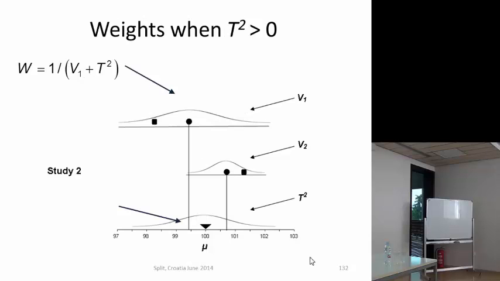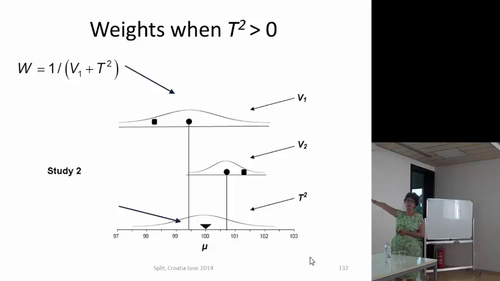When there is actually true heterogeneity, our overall mean represents an average of different true means, where each of the studies has two sources of variation now. One is the difference between the study mean and the grand mean, and the other one is the difference between the study mean and the true mean of the population or the subpopulation that we drew it from.